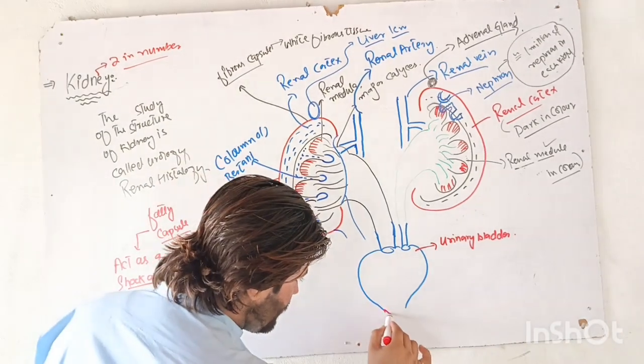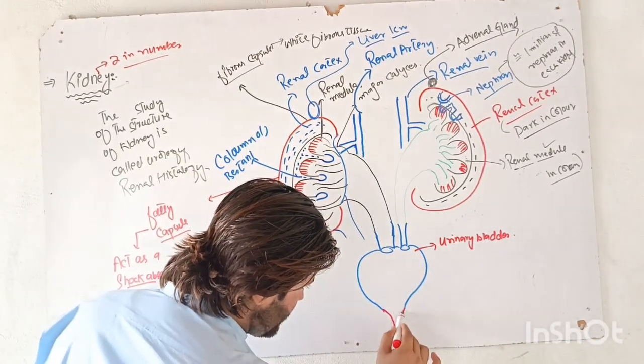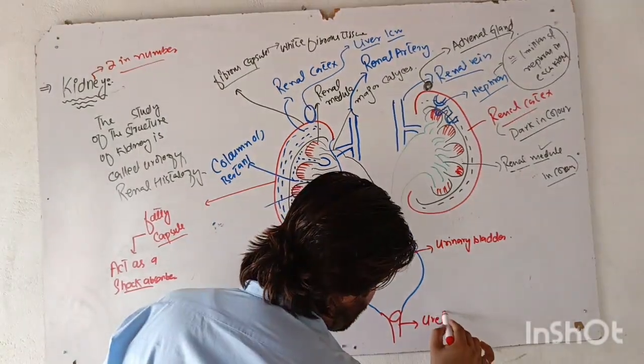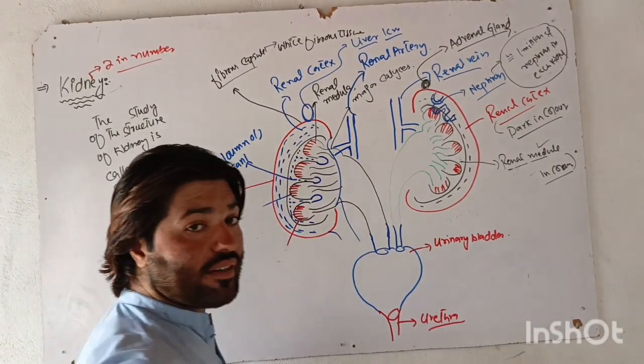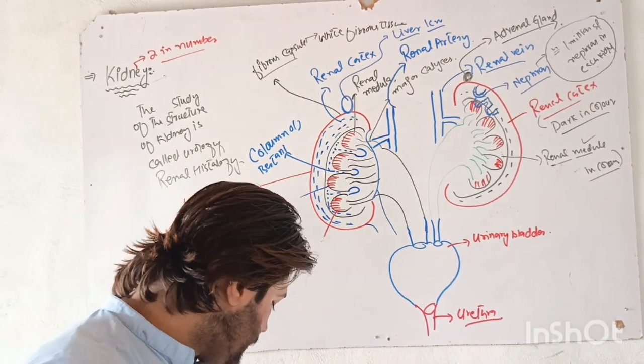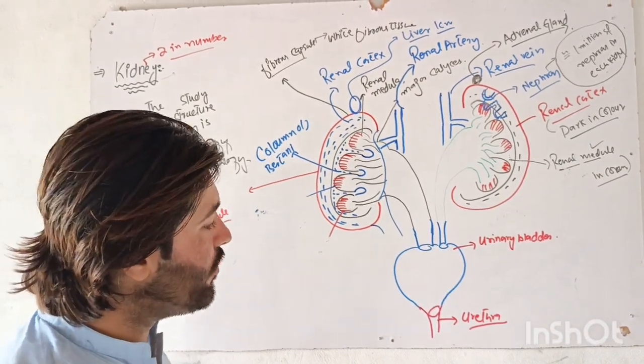And this urinary bladder opens into another structure, which is called the urethra. The urethra is long in males, but the urethra is short in females.